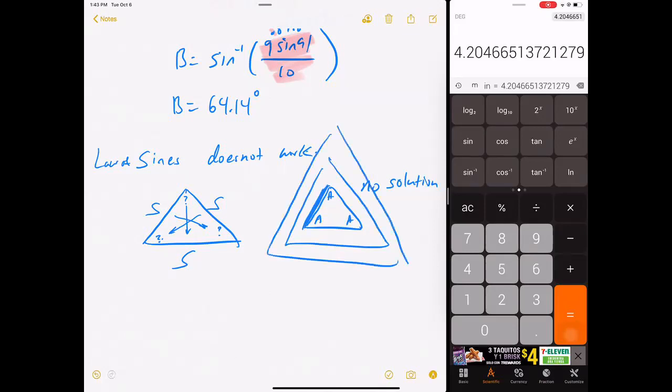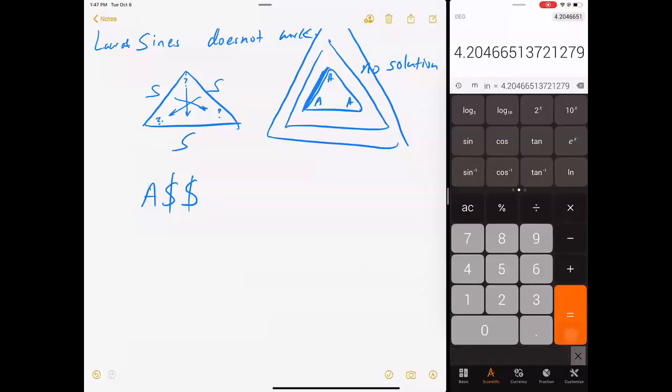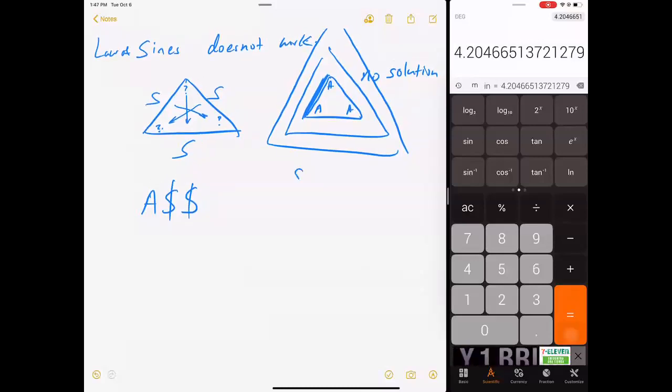a bigger version. If you guys remember triangle congruence properties way back in geometry, you have S, S, S, S, A, S. You have angle, side, angle.